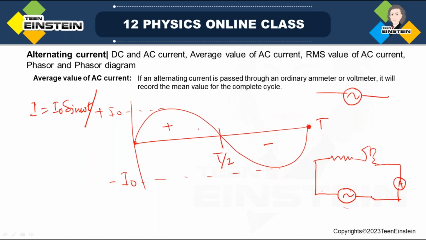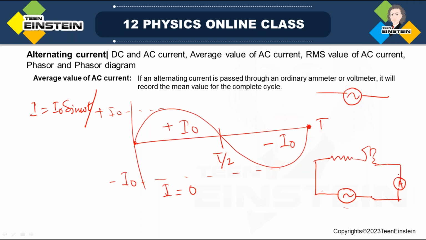I have I0 here and minus I0 here. So what is the value this ordinary ammeter will show for the current? It will show zero current. I in the circuit is zero. But it is not true, right? Current is not zero in the circuit. Why are we getting zero?